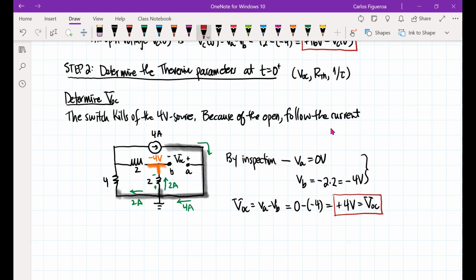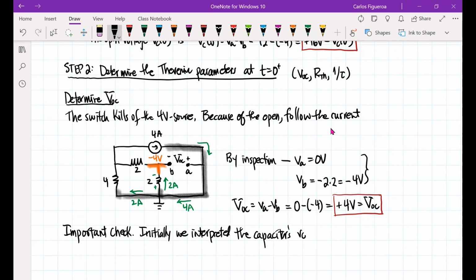So we have an important check here. Now let's do the important check. Initially, we interpreted the cap voltage and found it discharges.